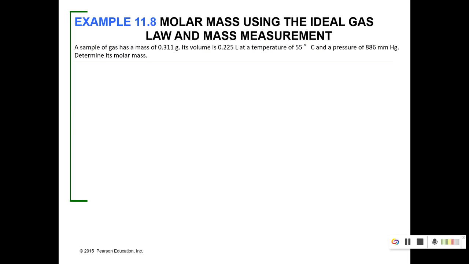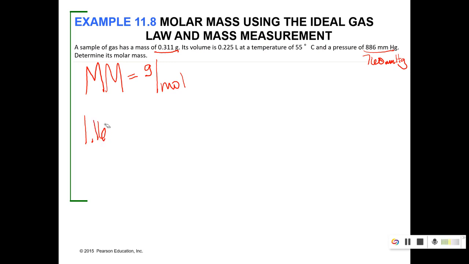All right, now we're doing molar mass with this. I do want you to remember that molar mass is just grams per mole. So if they gave us grams, we're solving for moles. So ignore the grams for now. We're going to say the pressure is, okay, we're going to divide 886 by 760.